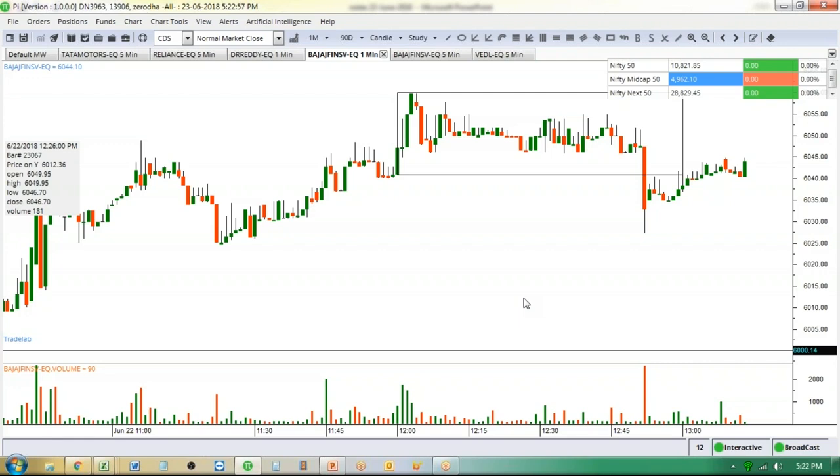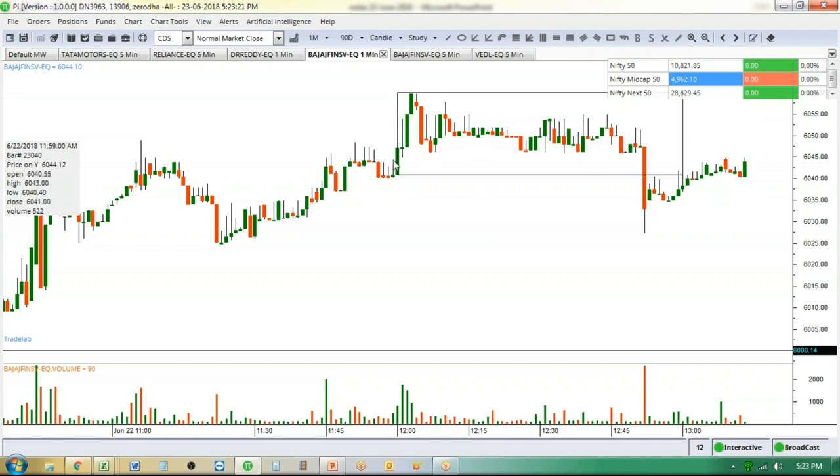Ranges which are smaller and compressed are a lot better to trade compared to huge big ranges. If the box itself is 2%, there's no point in trading it. Getting my point? There's no point in trading it.